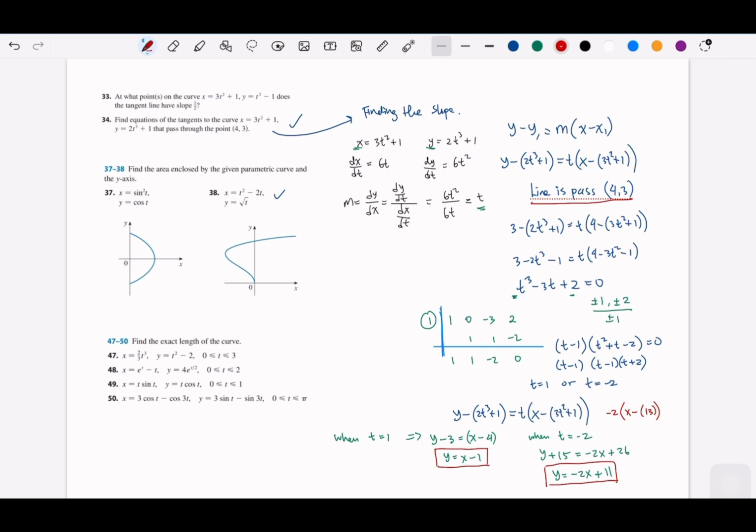Okay, if the equation is simple enough, you could substitute. If you see our equations from the question, we have 3t squared plus 1 and then 2t cubed plus 1. Because it has square and cubic, it's not really that easy to get into. So the idea is we need to find t, right? We need to find t equals some numbers.